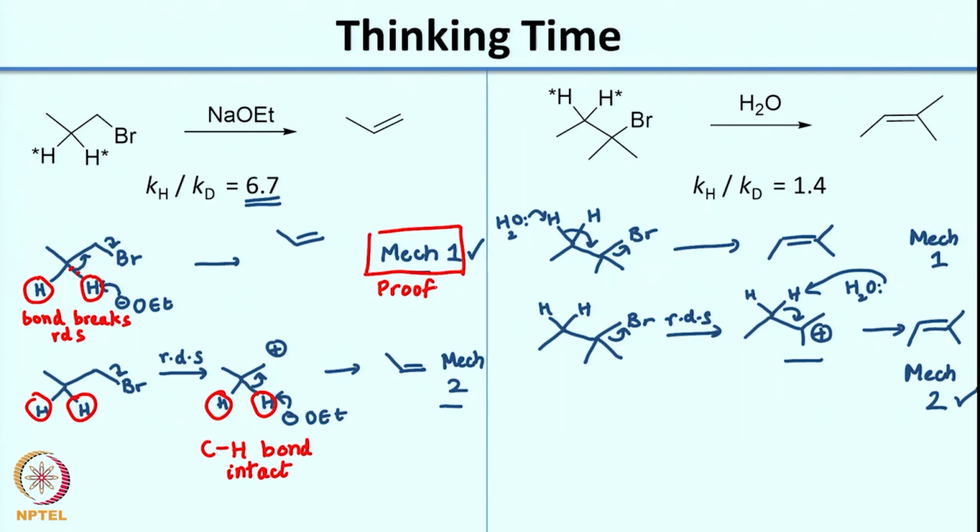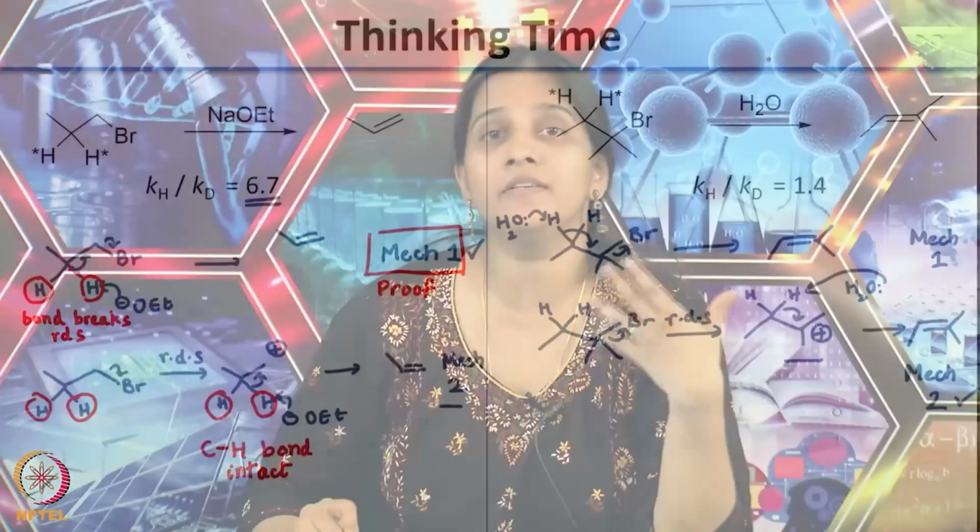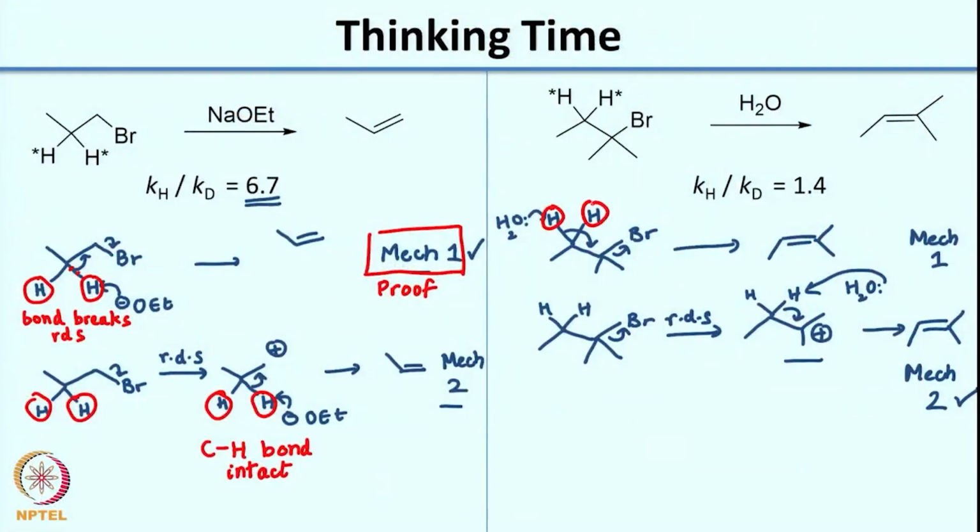Now in this case Kh over Kd is greater than 1, but the value is not too large. So that means the effect is not as pronounced. So if you look at mechanism 1, what you see is the CH bond breaks in the rate determining step.